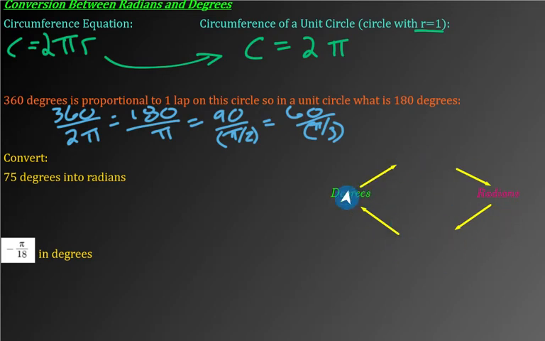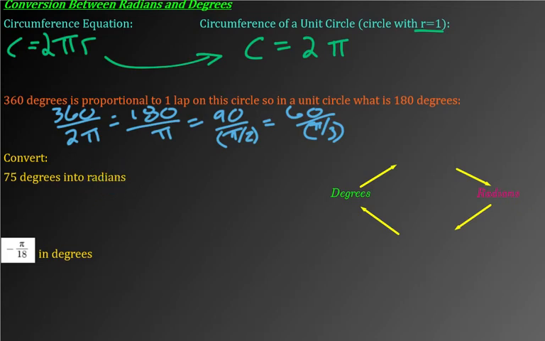So if you want to convert from degrees to radians, because they're just units, you should be able to convert between them. All of these are proportional, right? And it gives us a natural way to convert between degrees and radians.